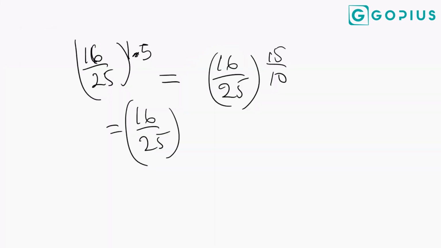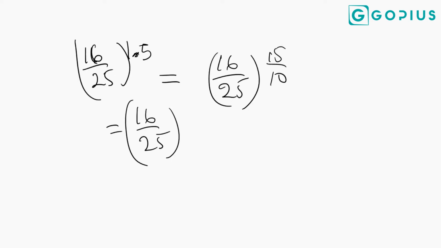In mathematics we always try as much as we can to simplify things, to make it simple. That's the aim of math. But the issue some students have is that instead of simplifying, they end up amplifying, which is why most students don't really enjoy mathematics as a subject. Math is simple, math is interesting if you can play by the rules. Alright, so here we're having 15 divided by 10 as the fraction, which is the power of 16 over 25.